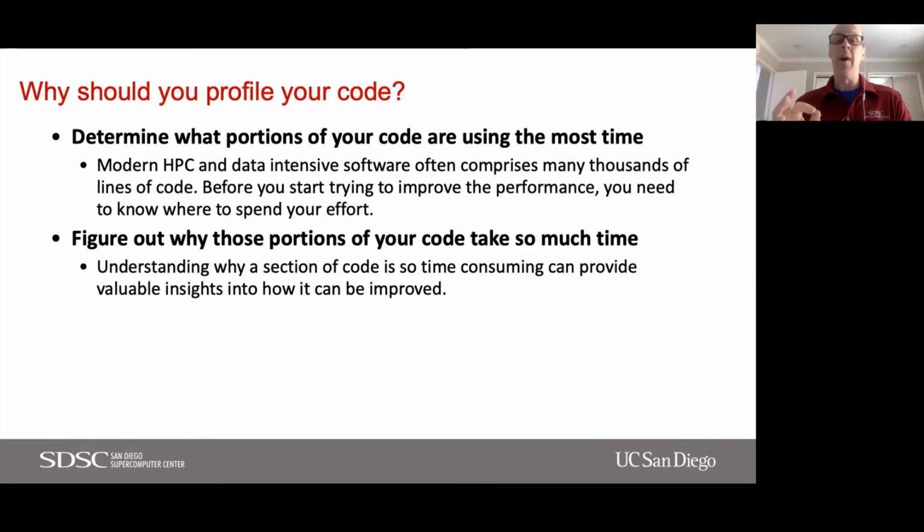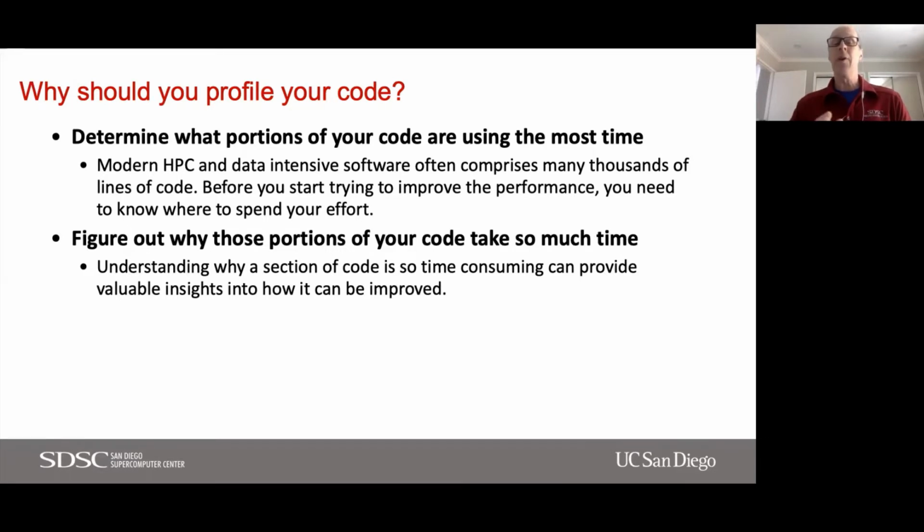If we profile our code, this first of all gives you a way to determine what portions of your code are using the most time. A lot of modern HPC and data-intensive applications comprise many thousands of lines of code. In some cases, it could actually be millions of lines of code, like the climate weather code CESM.